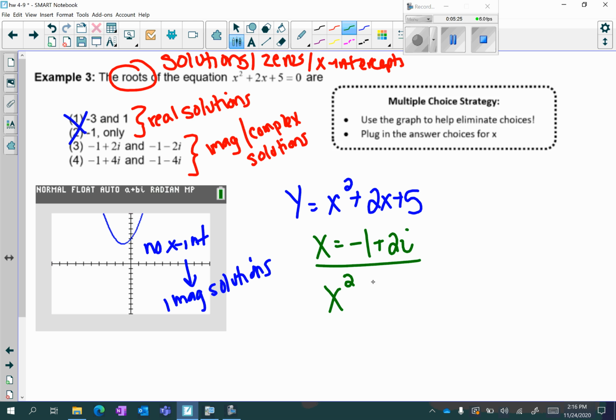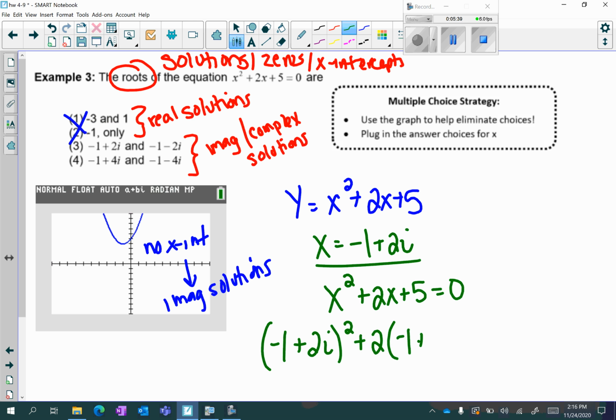And my equation is x squared plus 2x plus 5 equals 0. So I'm going to substitute in, instead of x, negative 1 plus 2i every time I see an x. And hopefully it equals 0.